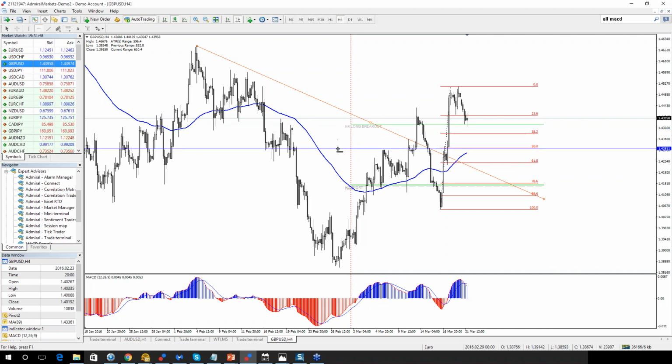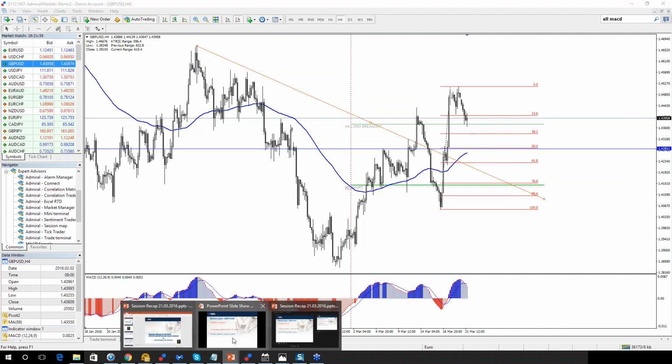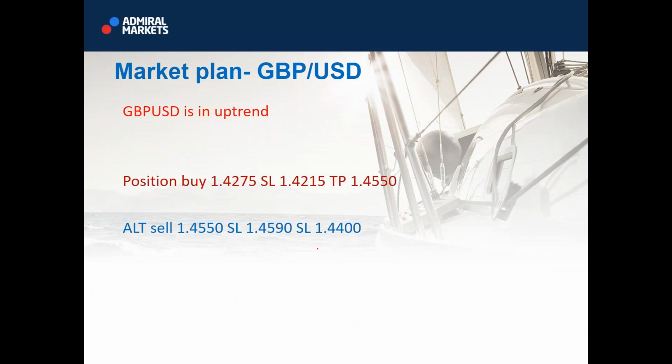See, double top here, and look at the EMA, it goes straight to this double top. So that is why I made this 42.75, 42.15, 45.50.